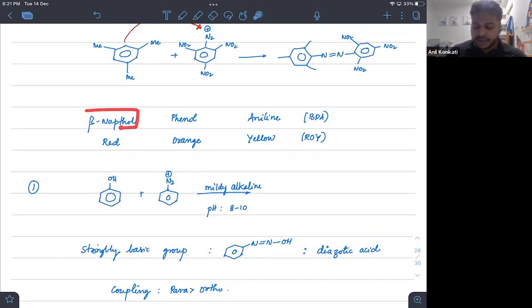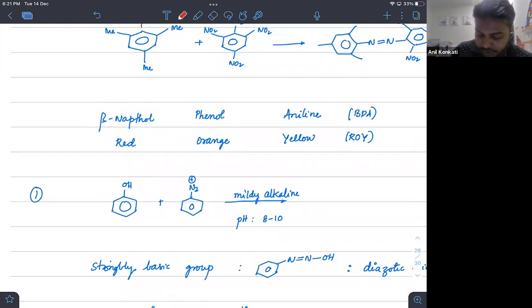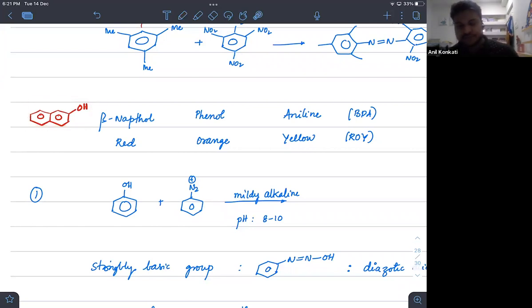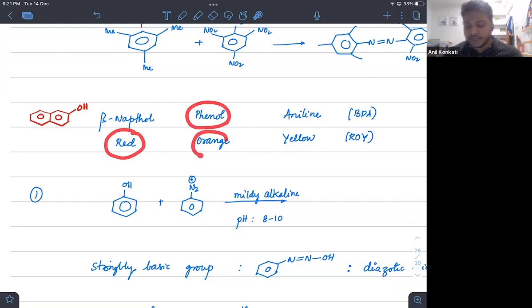In case your reactant is beta naphthol, remember how beta naphthol looks? So this is naphthalene, and this is the alpha position, and the next one is the beta position. So this is beta naphthol. In case you take beta naphthol and react with diazonium salt, then we will get red color. If it is phenol, we will get orange color.